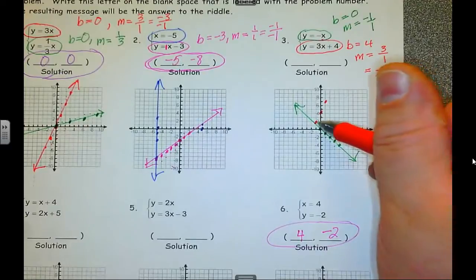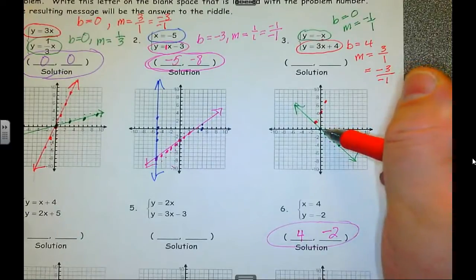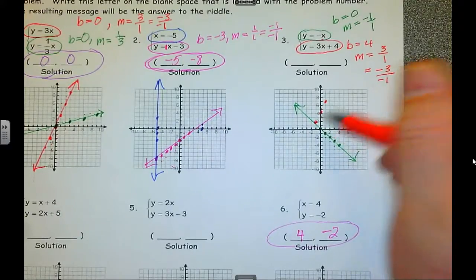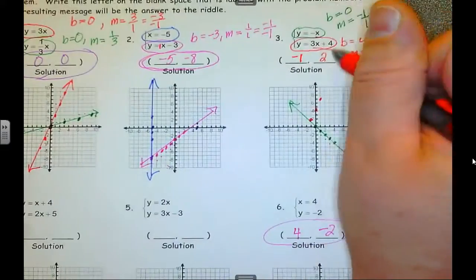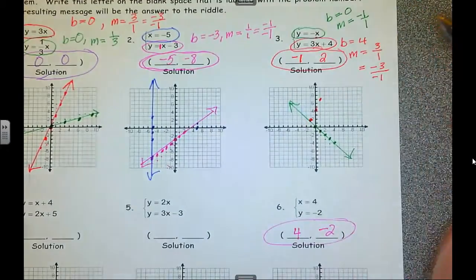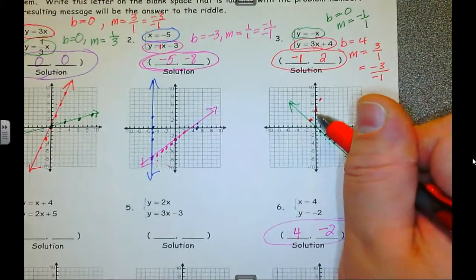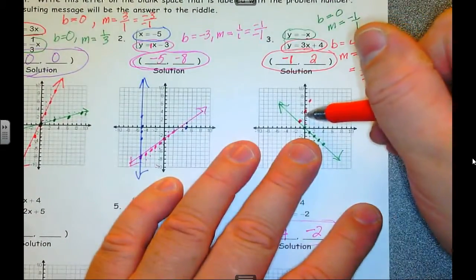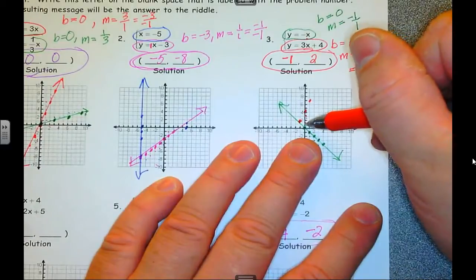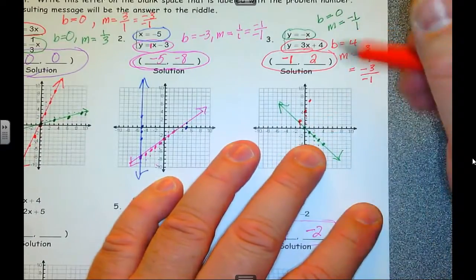That's my point of intersection right there. It's going to be -1, 2. Actually, I counted wrong, didn't I? -1, 1.